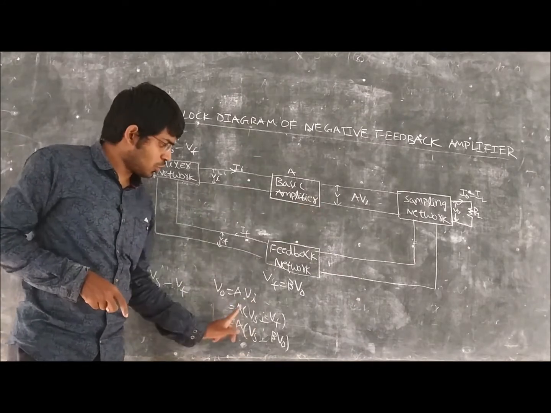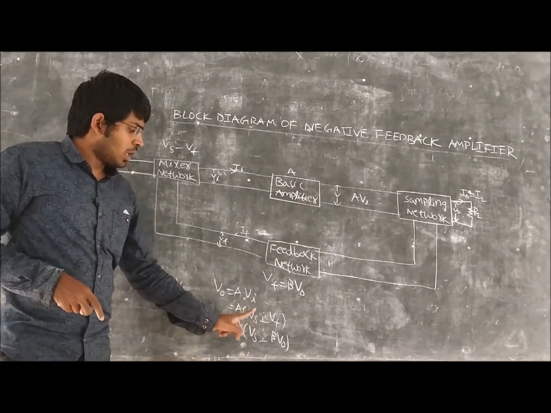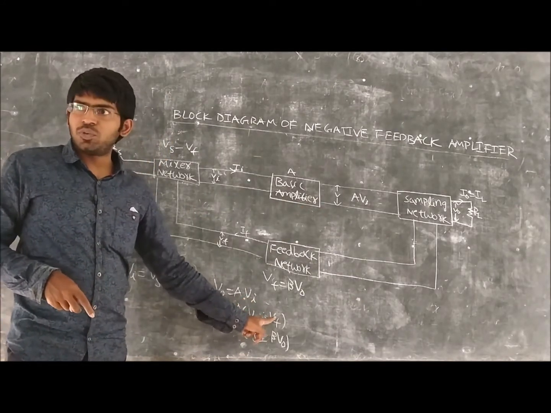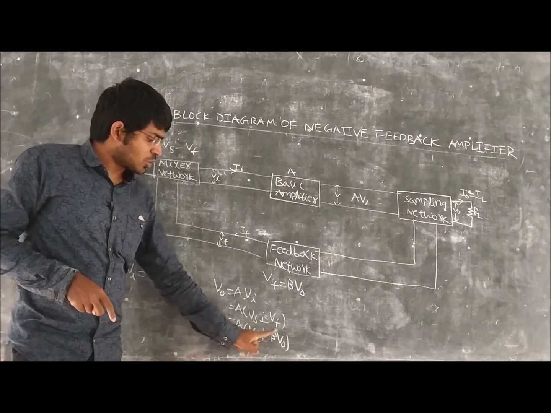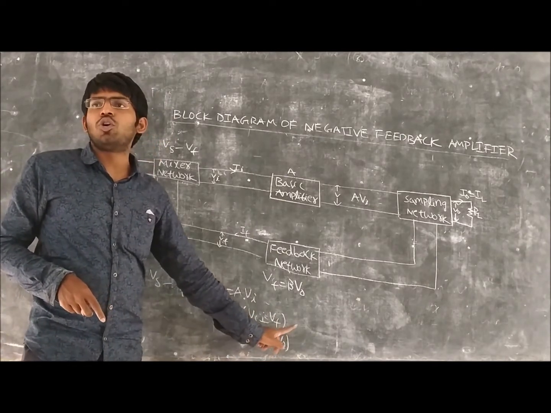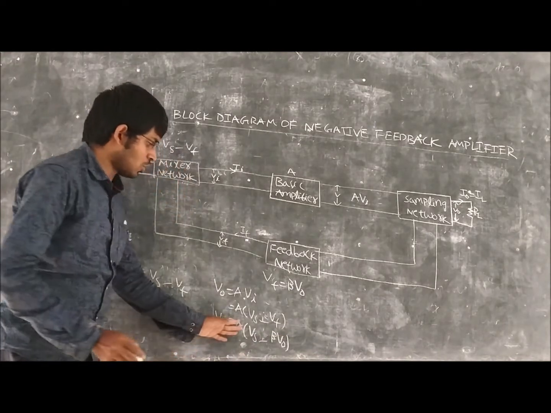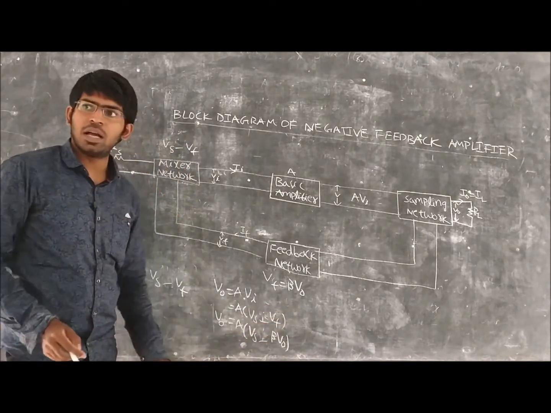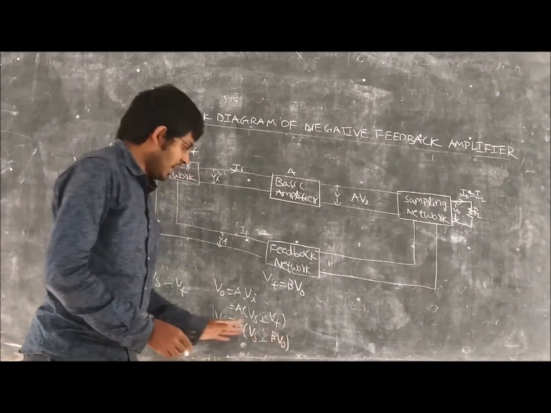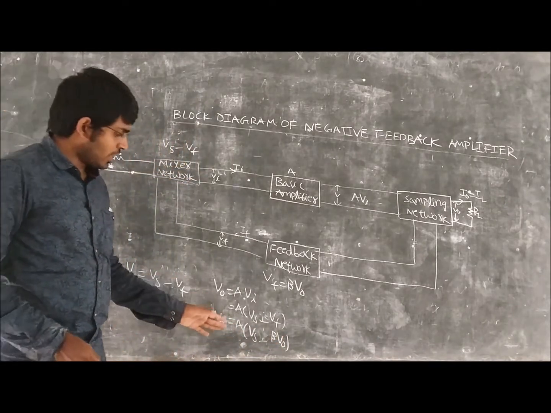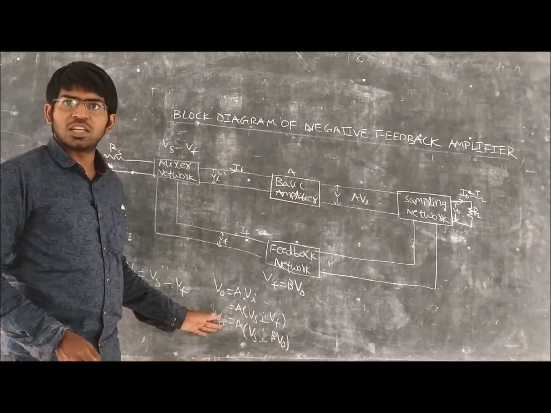V0 is equal to A into Vi, but we know Vi is nothing but Vs minus Vf, and Vf is beta into V0. So finally V0 is equal to A into Vs minus beta V0. Here we are interested in knowing the V0 by Vs ratio.